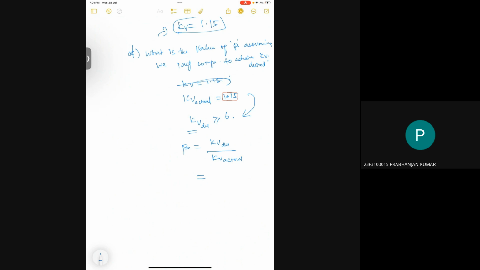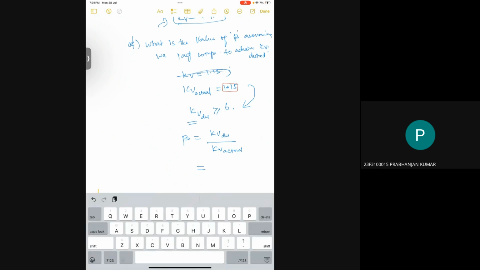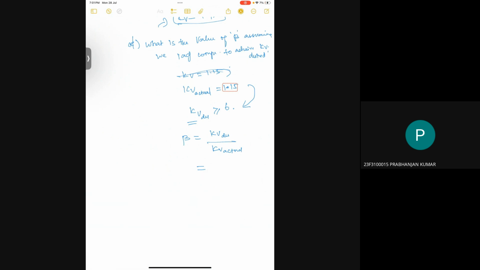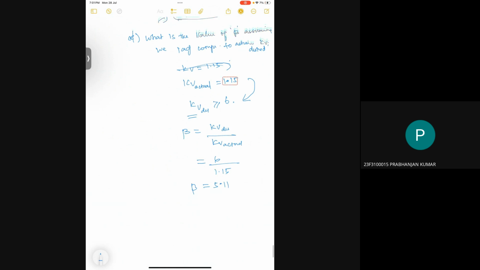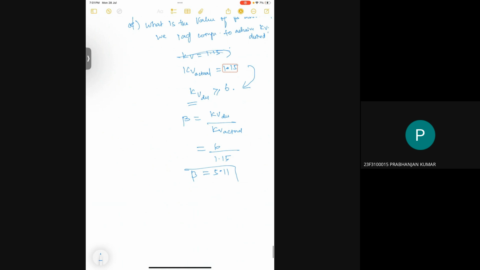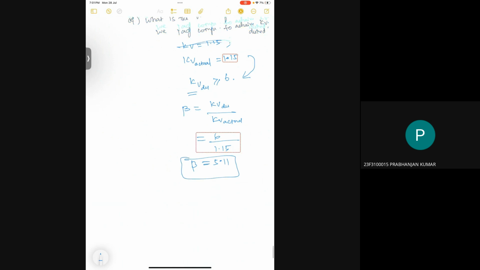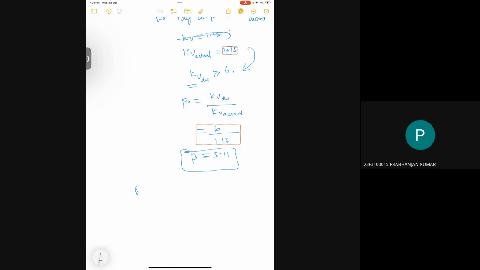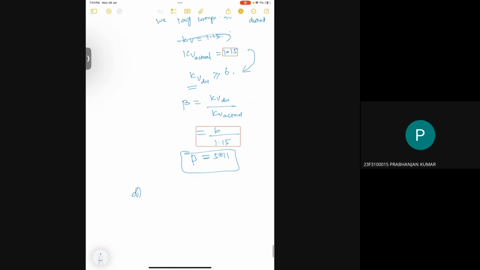Since we are dealing with Kv in each and every step, we can just take it as a ratio. So we know this is 6 divided by 1.15. This will give you around 5.112 or something. So this is your lag compensator design's beta value. And this is E, right?